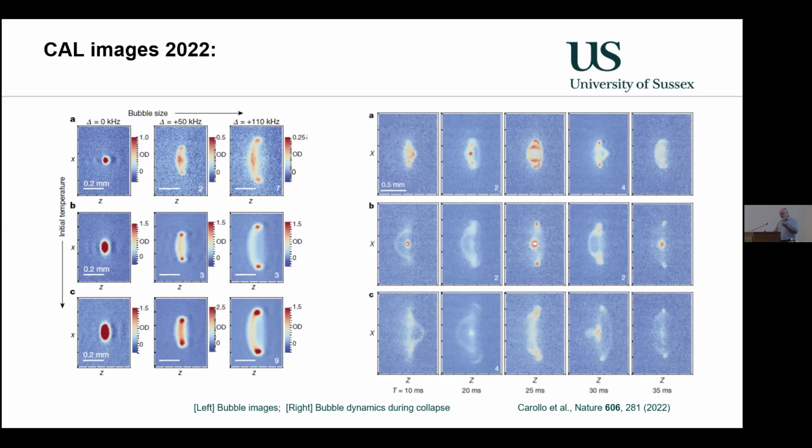Usually you don't care about those details too much, especially if you're trapping the atoms at a point. The problem here is that we're making an extended object, a large object, relatively speaking, where some bits of the same object are closer to the chip and some are further away. And that means you have to be careful about how you arrange the local magnetic fields that are local to the bubble. And that causes, in a complicated way, some of the asymmetries.